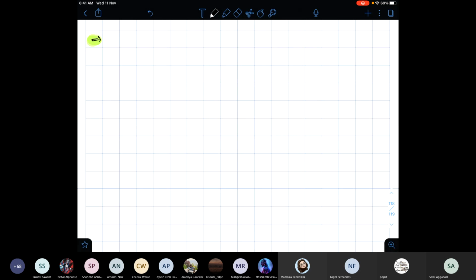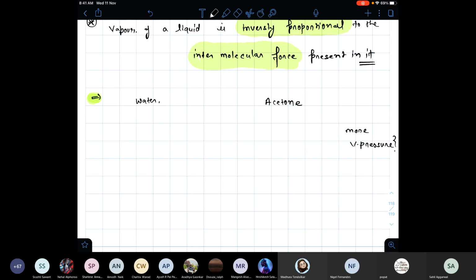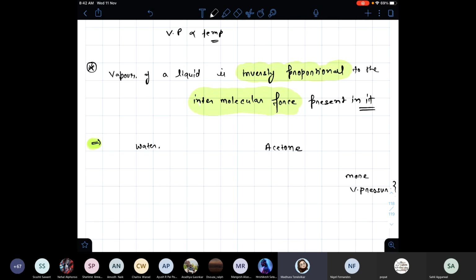Okay, so if we have water and we have acetone, which will have more vapor pressure? Water. Why? Due to more intermolecular force. Do we want more intermolecular force or less intermolecular force?